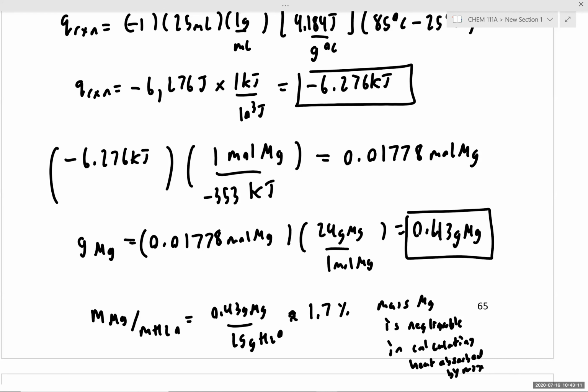Is everyone comfortable with these examples? As you see, we just combined the calorimetry calculations that we're so familiar with and the heat to mole stoichiometry calculations that we just discussed. So this chapter is really quite beautiful in that it links a lot of concepts in chemistry together and showcases the application.